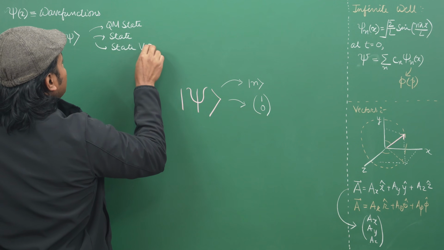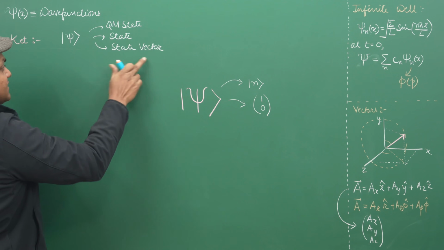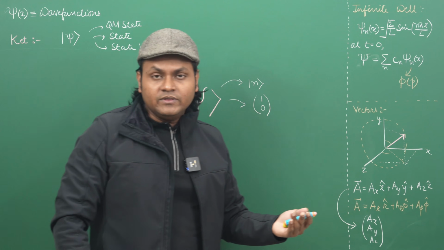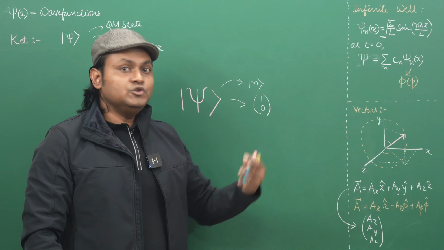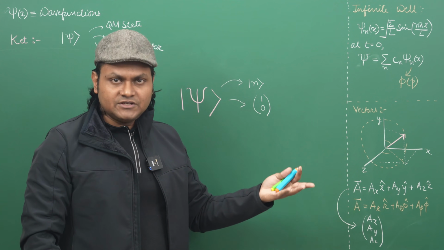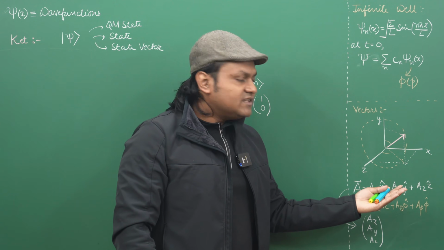Now the question is, why do we call it a vector? Because this is not the same vector as this. Because these kinds of vectors, which we also deal with in physics, mostly in mechanics, like position vector, acceleration vector, force vector, etc., these vectors only exist in three-dimensional space.